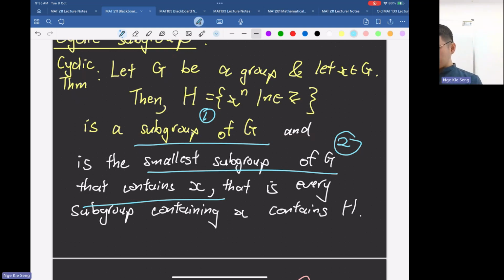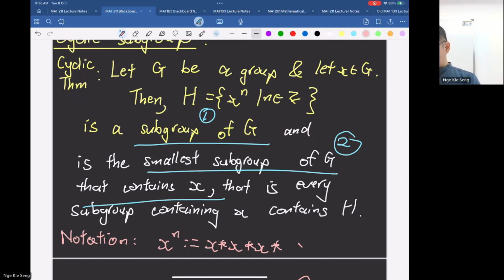So in particular, what is this x to the power n? This is exactly what you see in your assignment. So let's keep the notation here. S^n is defined as S dot dot dot, how many times? n times. Good, so this is exactly this.